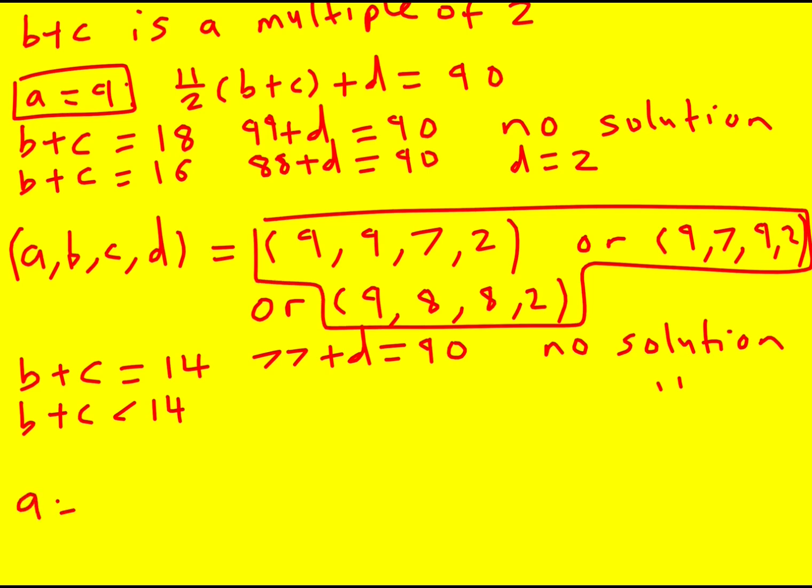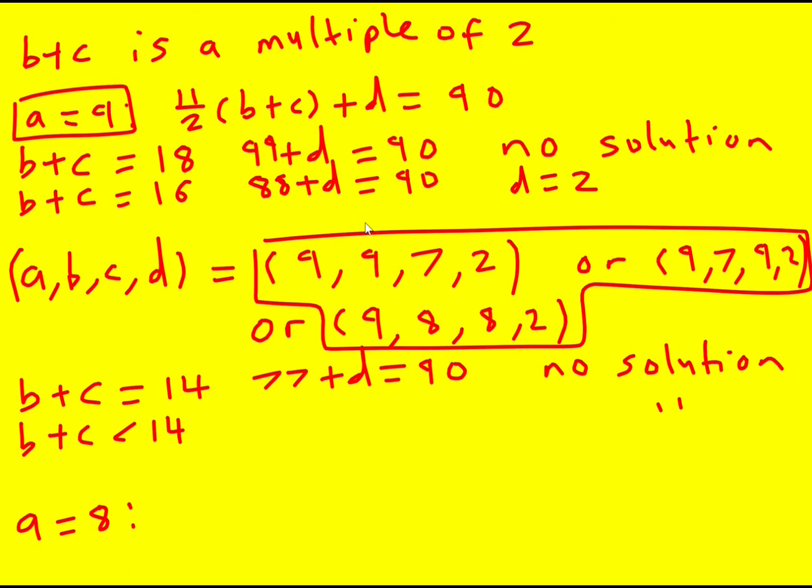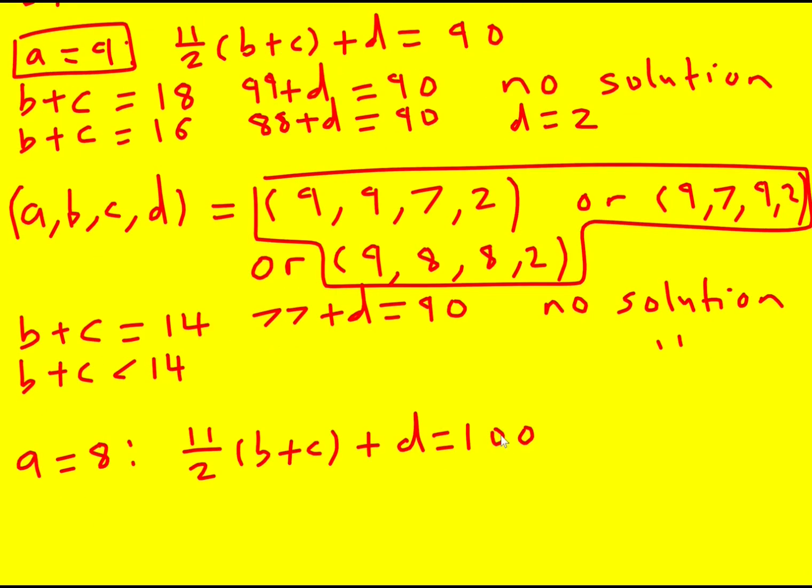Okay, let's take a look at A equals 8. So now I've got 80. I've got the same thing, but it's going to equal 100. So this time B plus C, it could equal 18 because I'm going to get 99 plus D is 100, but D is going to equal 1.